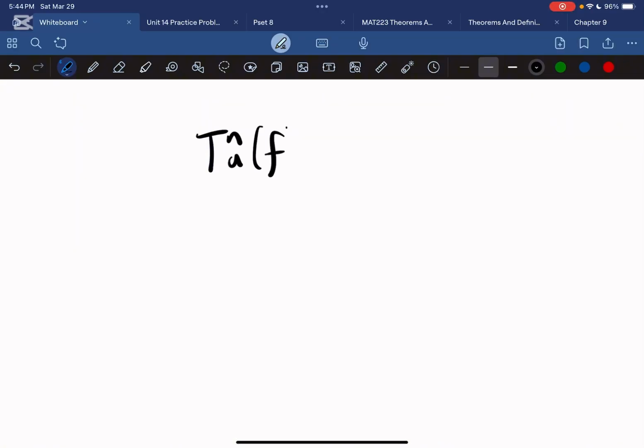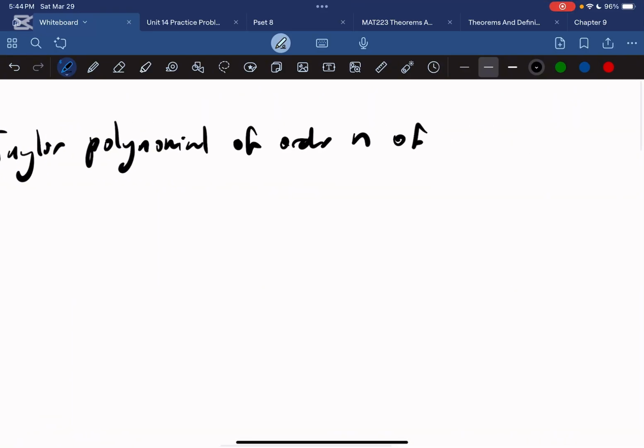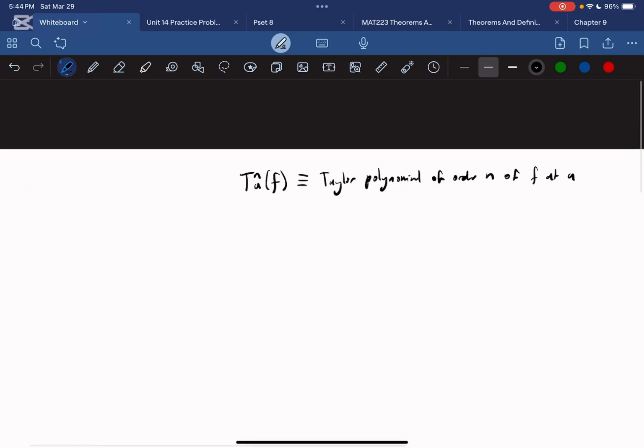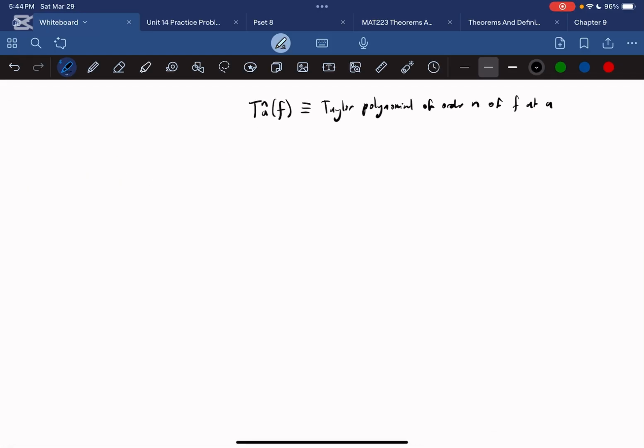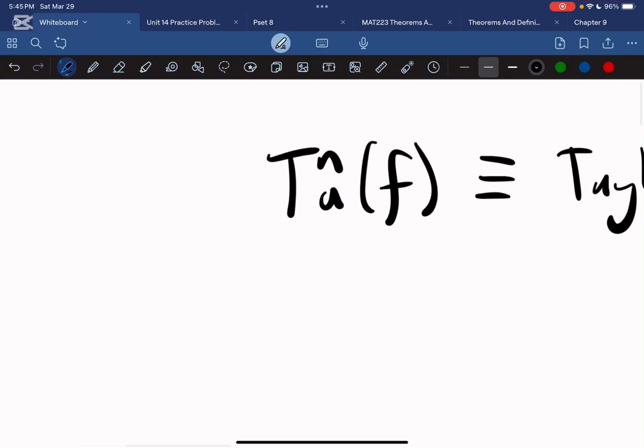This means the Taylor polynomial of order n of f at a. Okay? And so we know a few things. Sorry, hold on. This should be the other way around. My bad.